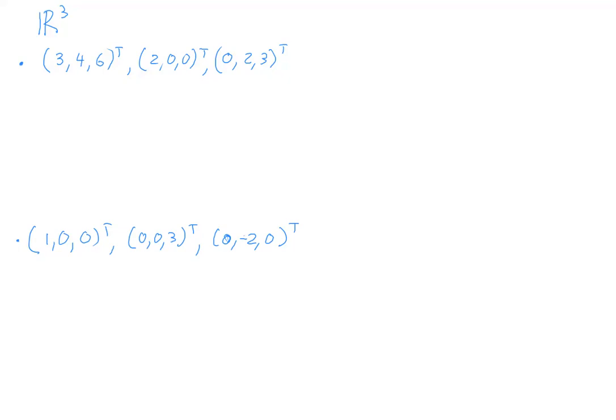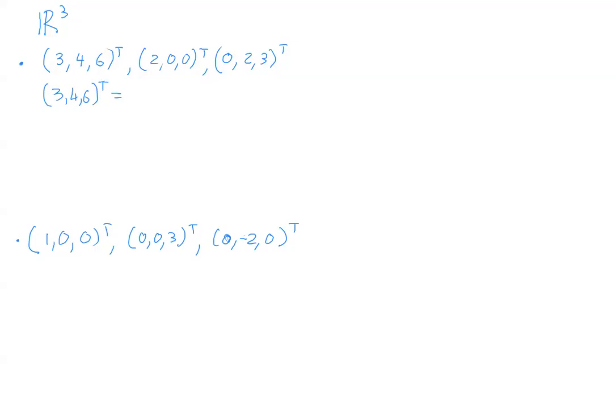Okay, so let's try to do this together. We have to ask if (3, 4, 6), for example, let's start with (3, 4, 6). If it doesn't work, then we can go with (2, 0, 0), and then with (0, 2, 3). But let's start with (3, 4, 6), and ask if it is a linear combination of (2, 0, 0) and (0, 2, 3).